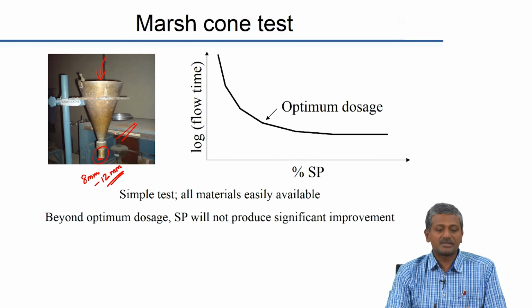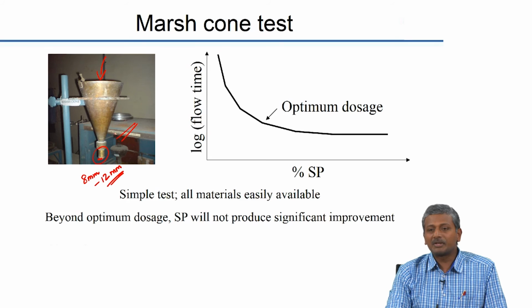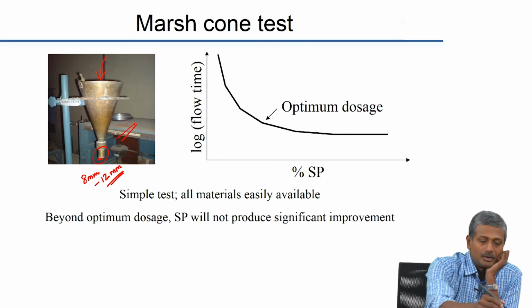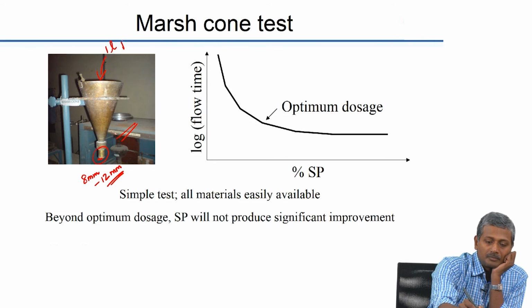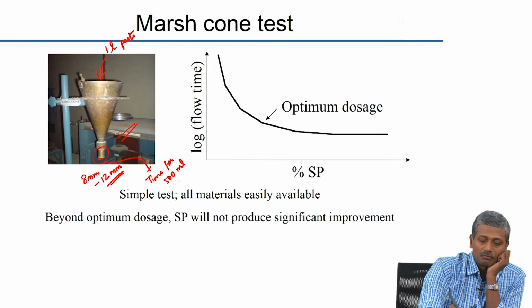And what you simply measure is the time taken for this paste to flow out. What we do is typically take the time taken for about 500 milliliters of the paste to flow. So, you put about 1 liter paste inside and you measure the time for 500 ml of the paste to flow out.